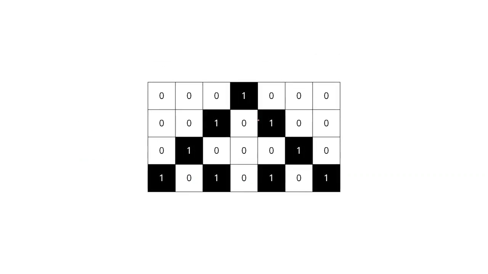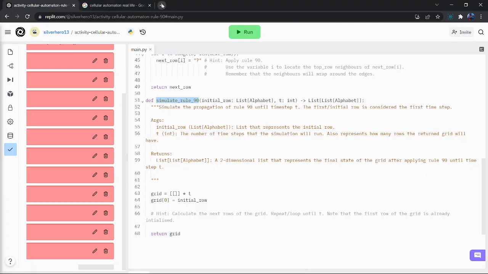Next slide. I just color coded it. This is the Sierpinski triangle at 4 time steps. Again, the Sierpinski triangle at 4 time steps.